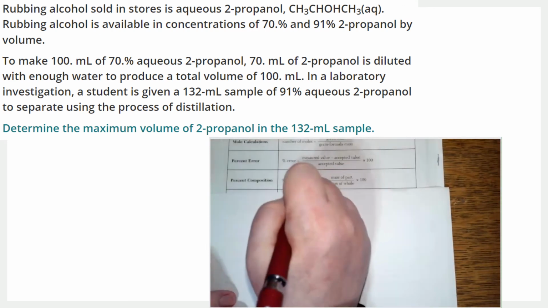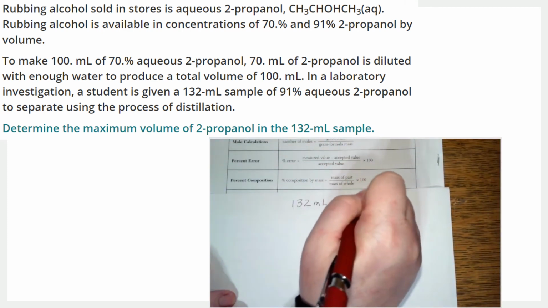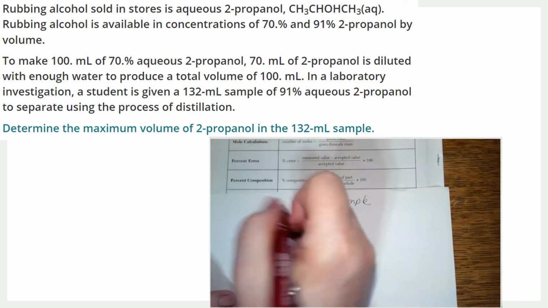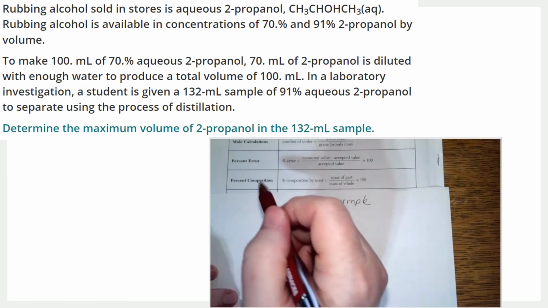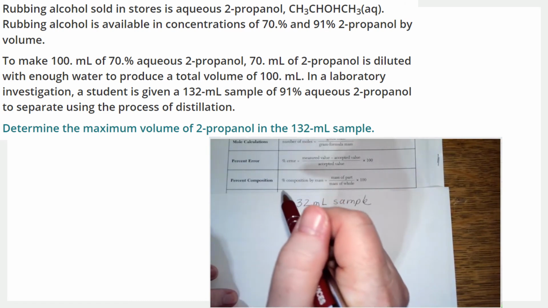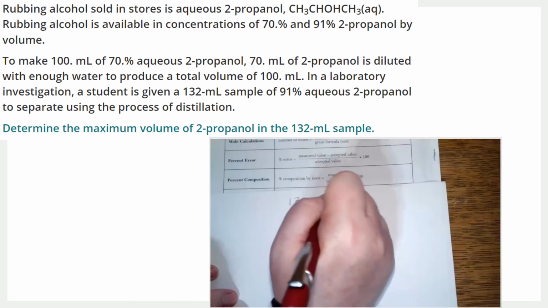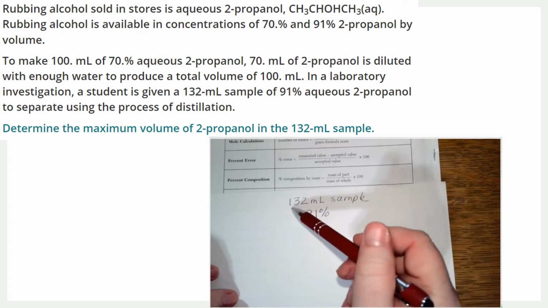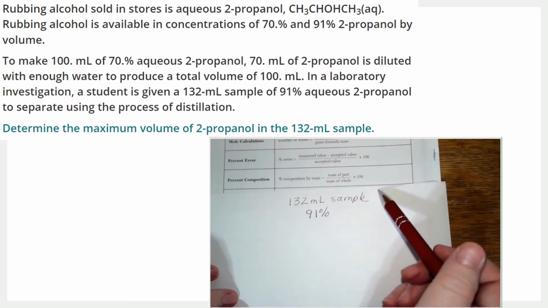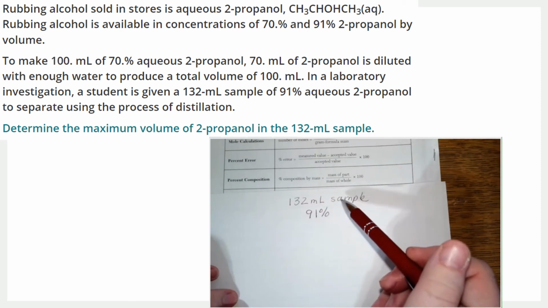I have a 132 milliliter sample of 91% aqueous 2-propanol. So it's giving me the solution and a percent and asking me for the solute.